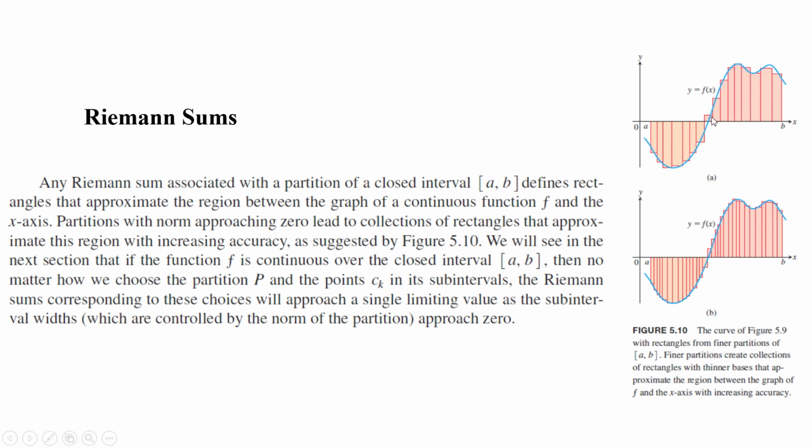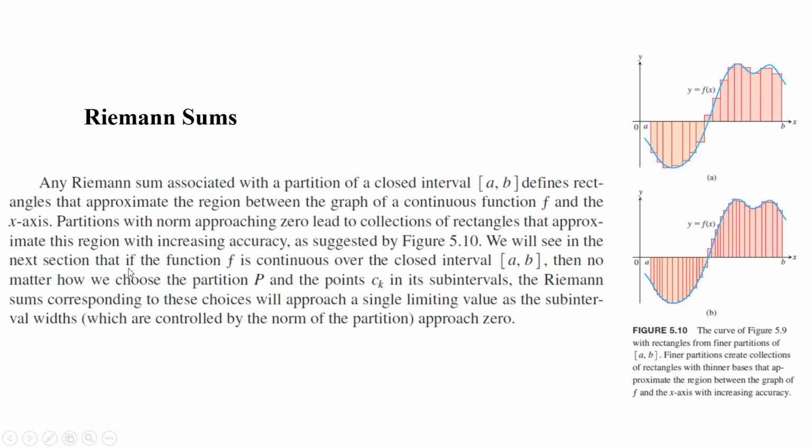Here the width of the rectangle is greater than the widths of the rectangles in this case, or the number of rectangles in this case is less than the number of rectangles in this case, and you can see the accuracy is increased by increasing the number of rectangles or the number of subintervals.